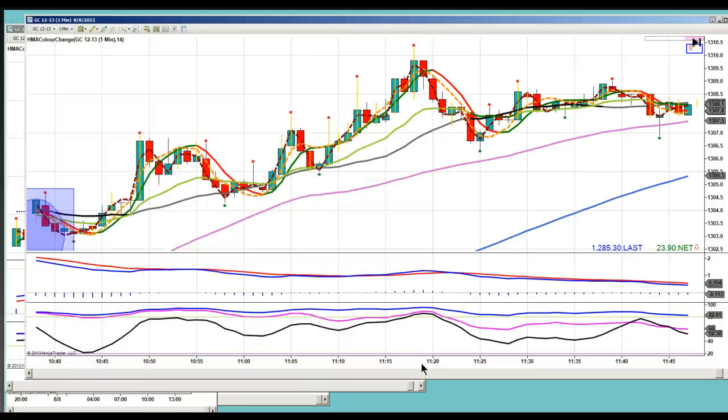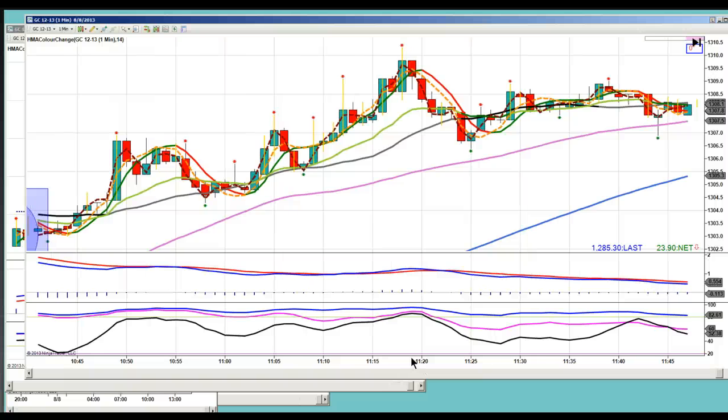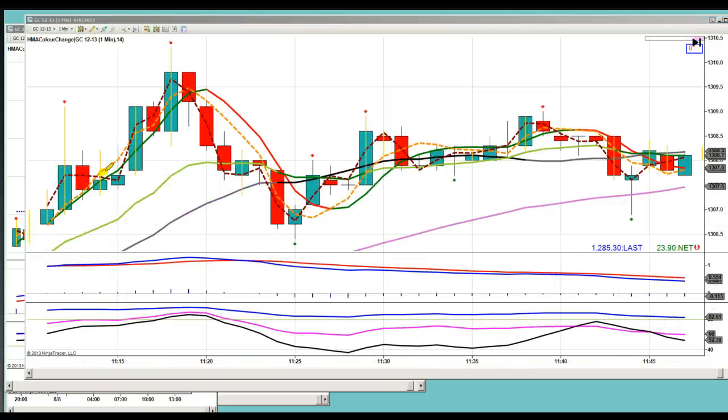Sure. If I expand this and you look at the price action, can you see that here the candles are on this side of the HMA? The HMA is in the middle. Can you see that? As soon as we come to close the gap, at some point the candle is on the other side of the HMA. So I call that north of the border, south of the border.